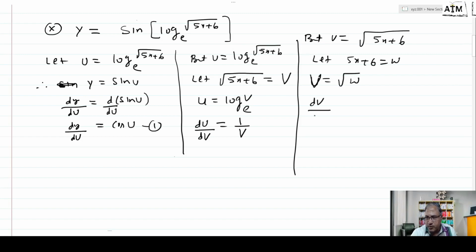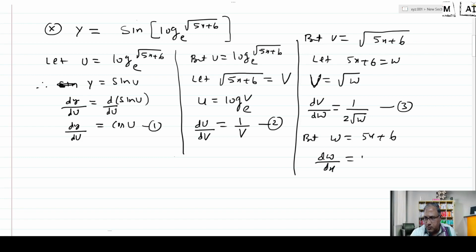So dv by dw equals 1 upon 2 root w. This was the second equation, this is the third. But w equals 5x plus 6, therefore dw by dx equals 5. Call it number 4.